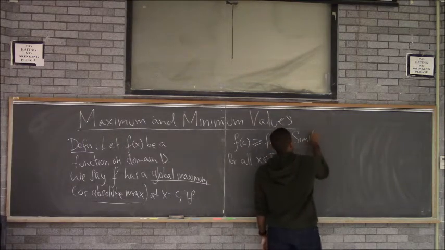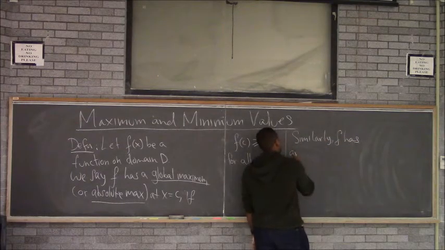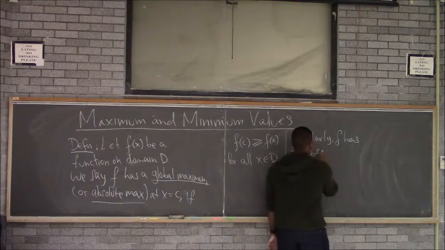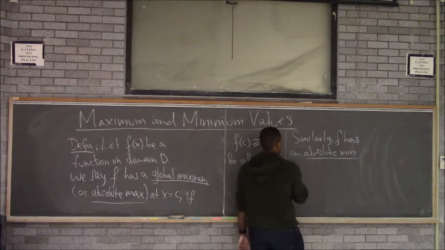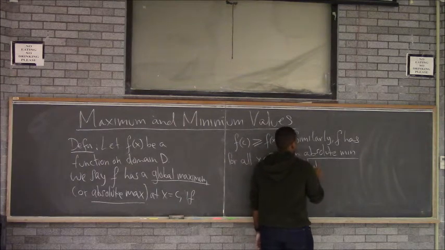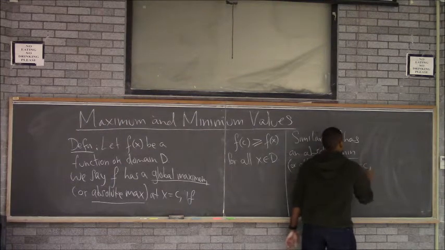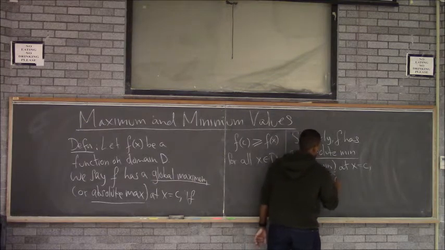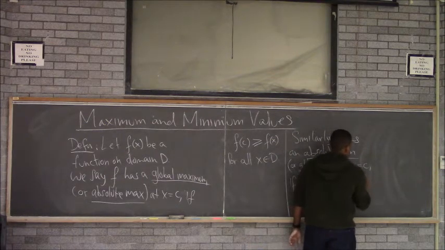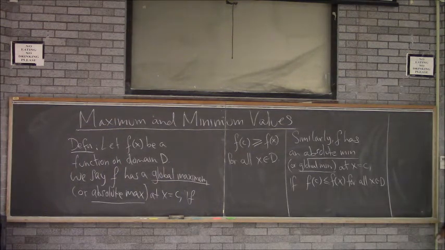Similarly, f has an absolute min or global min at x equals c if f of c is less than or equal to f of x for all x in D. These are called the absolute or global maximums and minimums.